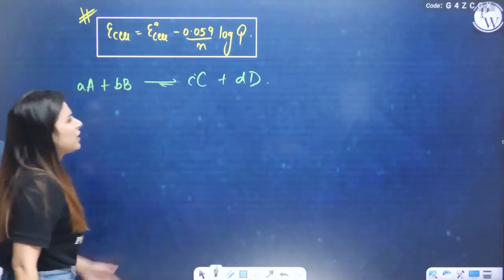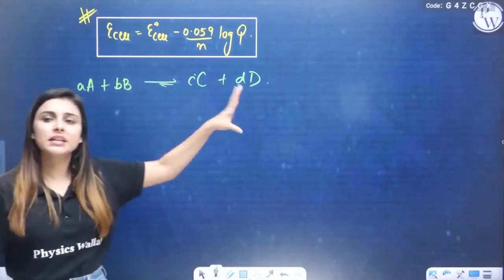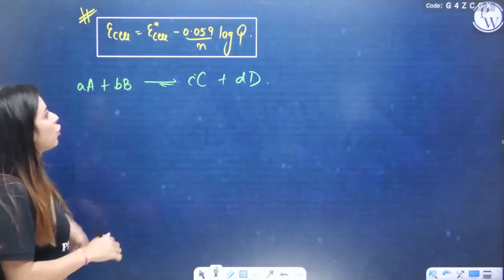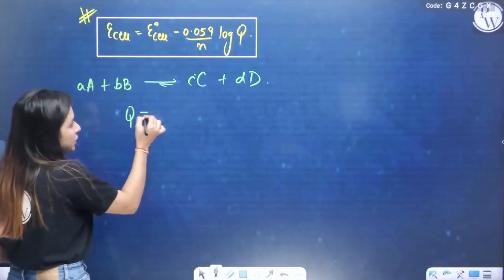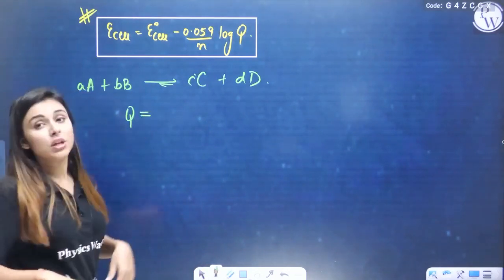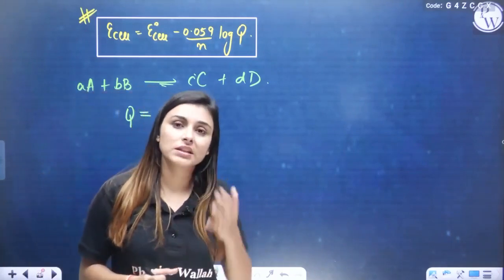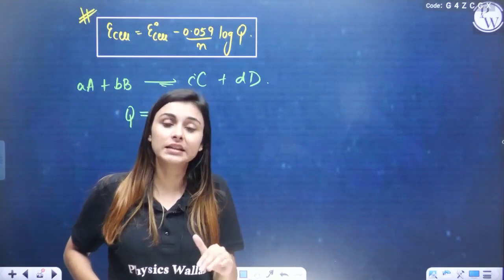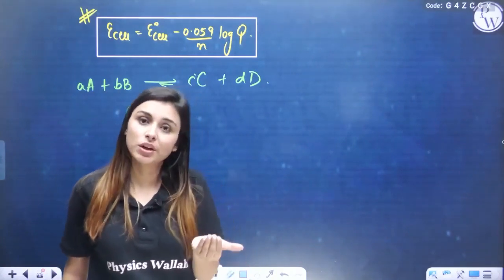The equilibrium is not achieved, but this is the reaction that is taking place. Then Q will be equal to the concentration of your products raised to the power of their stoichiometric coefficients divided by the concentration of the reactants raised to the power of their stoichiometric coefficients.